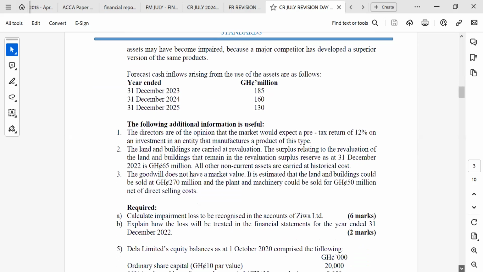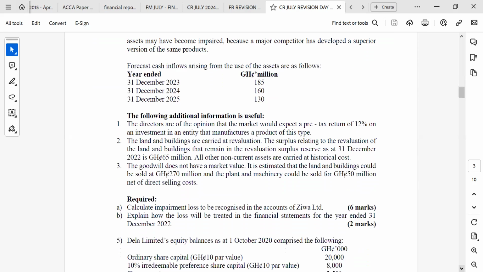The following additional information is useful. 1. The directors are of the opinion that the markets would expect a pre-tax return of 12% on an investment in an entity that manufactures a product of this type.